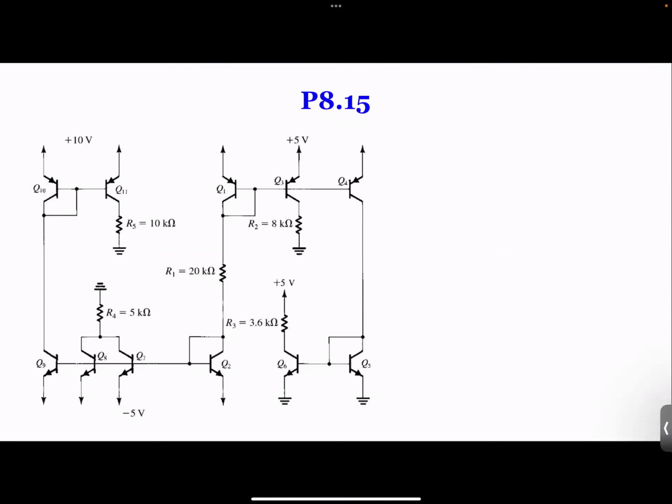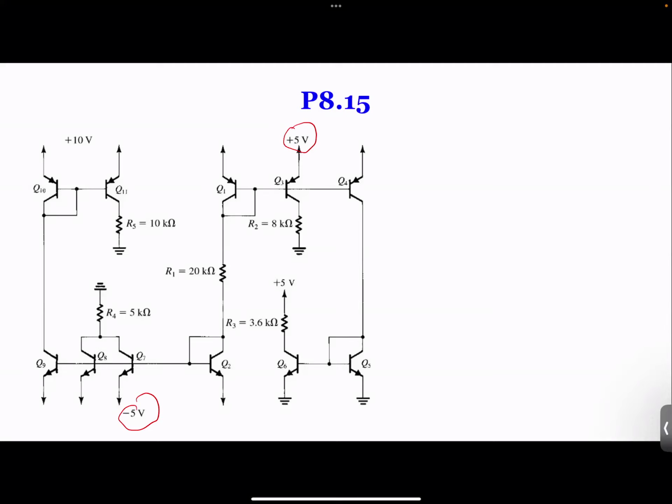The last example, 8.15. This is a very important example. In this example, the voltage on the top is given, and the voltage at the bottom is also given. The problem gives us very simple terminology because they give Q1 and Q2.